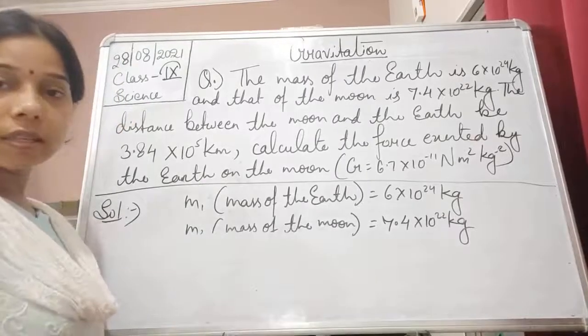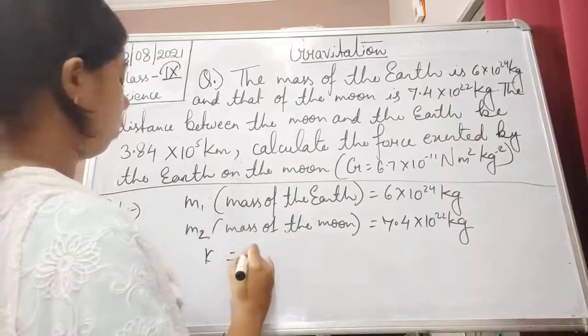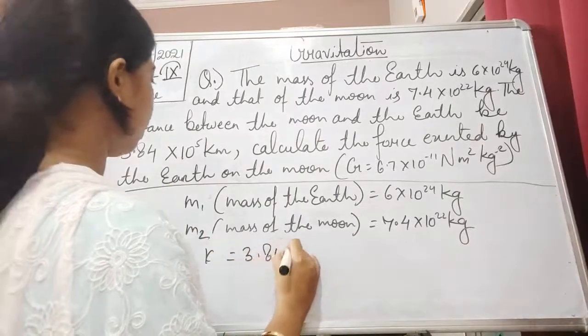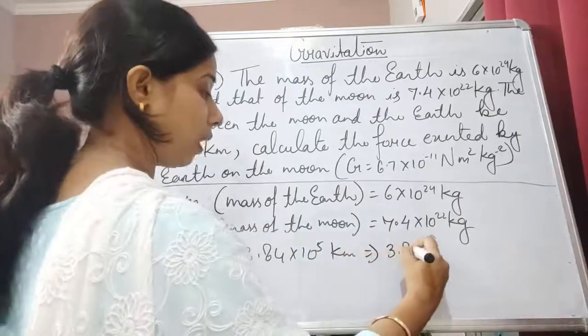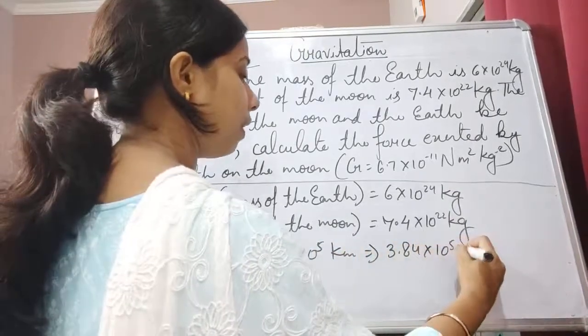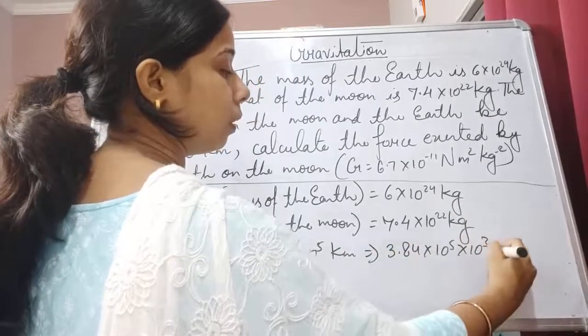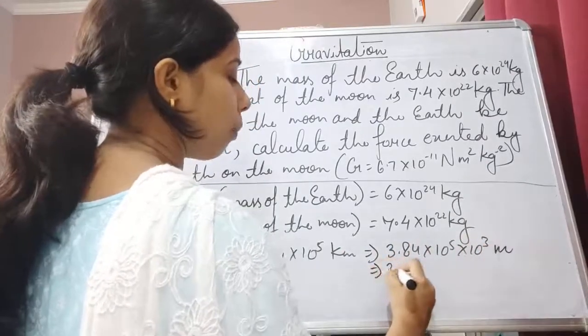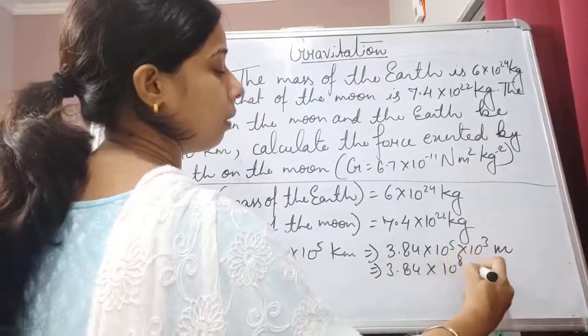So the distance r is equal to 3.84 into 10 the power 5 kilometer, or we can say 3.84 into 10 the power 5 into 10 the power 3 meter. We can also write it as 3.84 into 10 the power 8 meter.